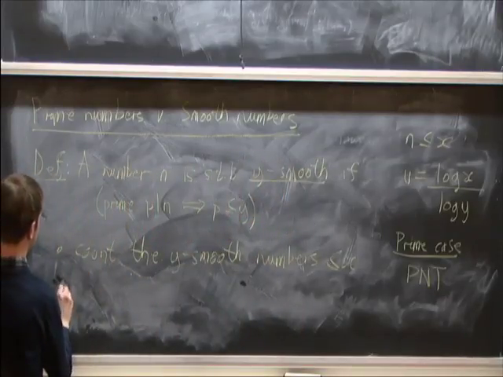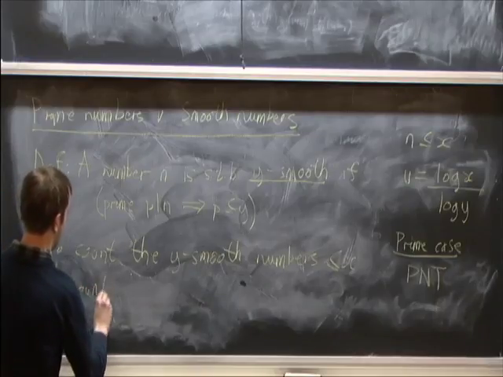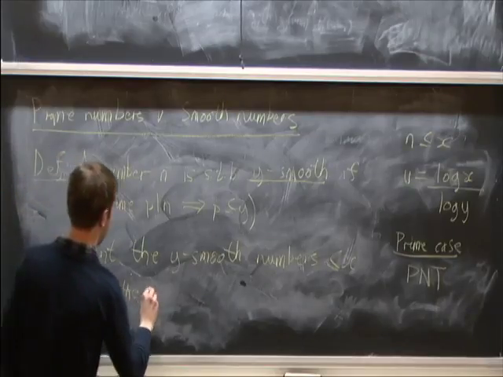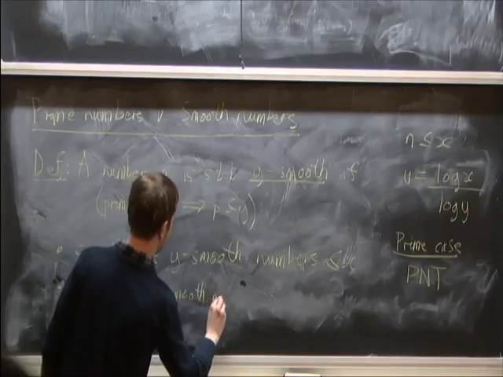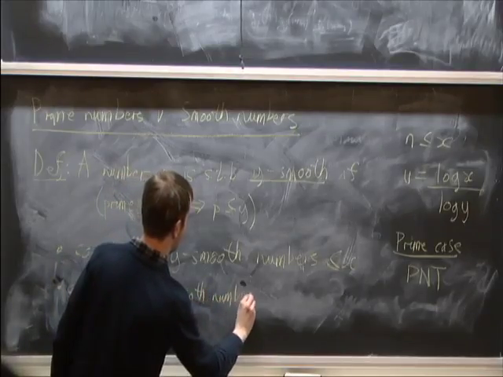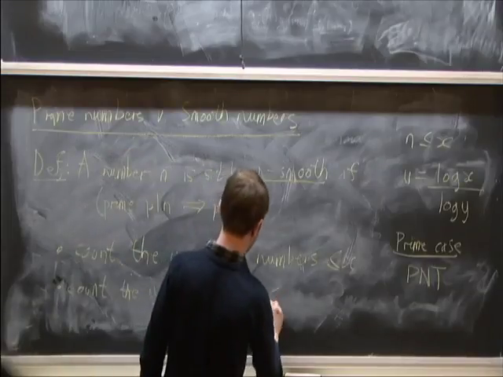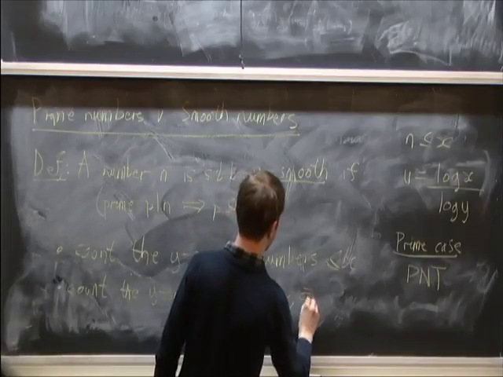And then once I can do that, I might want to count the y-smooth numbers less than x that are congruent to a mod q.